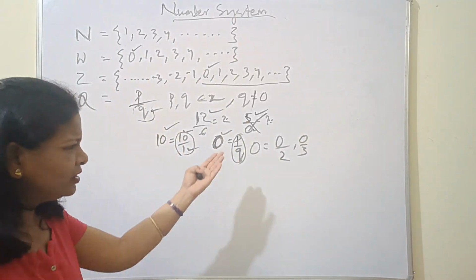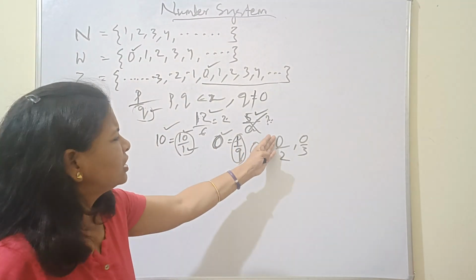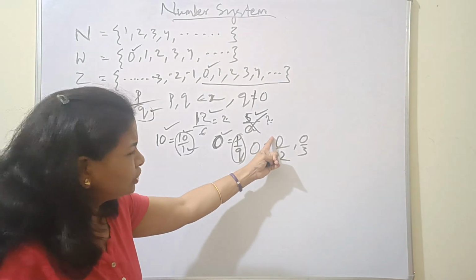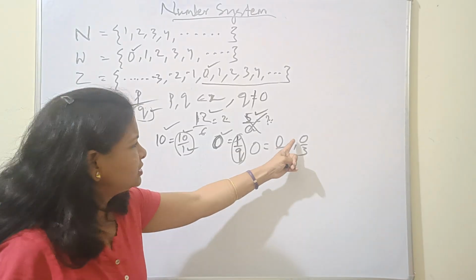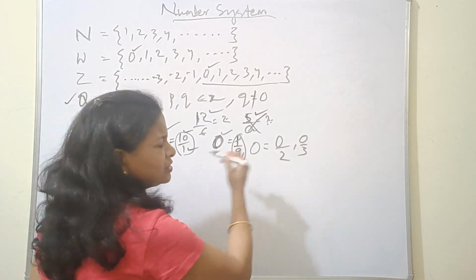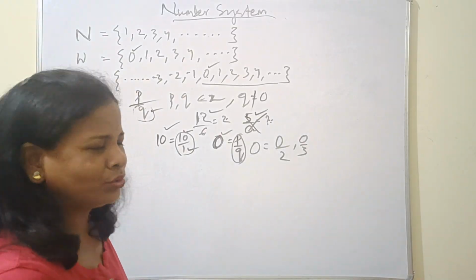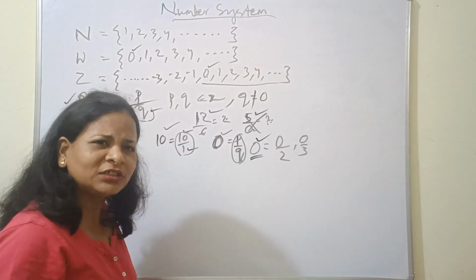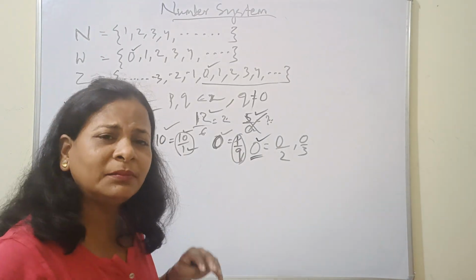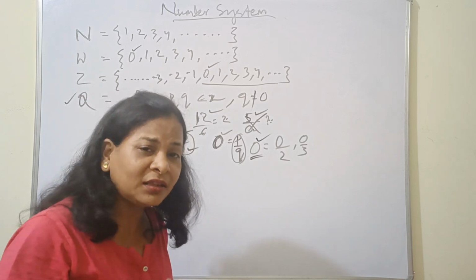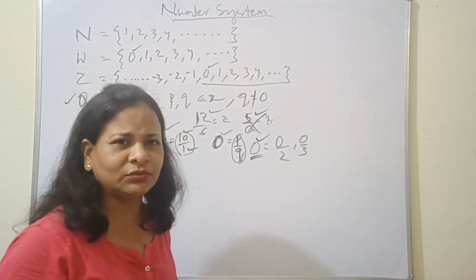Anything you can write so that it looks like P by Q form, and P and Q are integers. 0 is an integer, 2 is an integer, 3 is an integer, and Q is not equal to 0, means the denominator is not equal to 0. So the condition is satisfied for saying that 0 is a rational number, because a rational number can be written in the form of P by Q, where P and Q are integers and Q is not equal to 0.